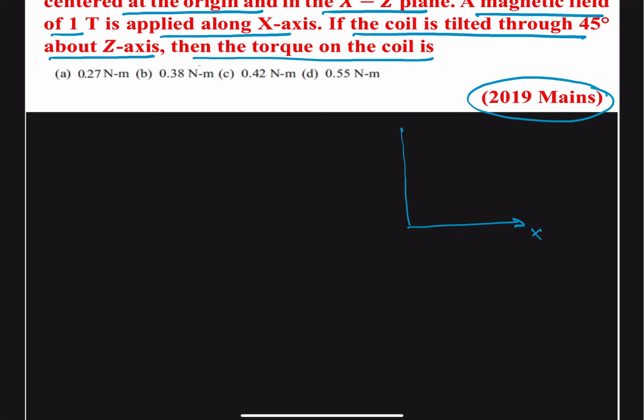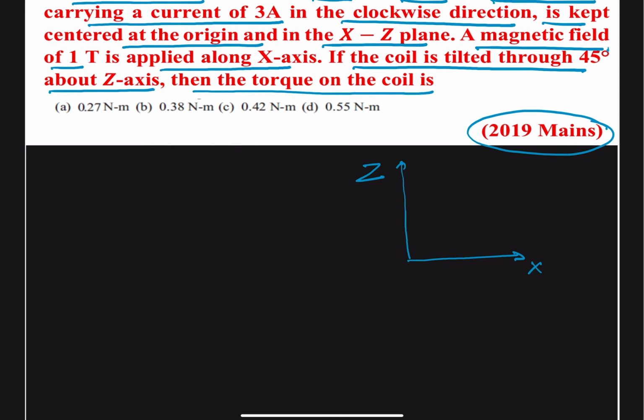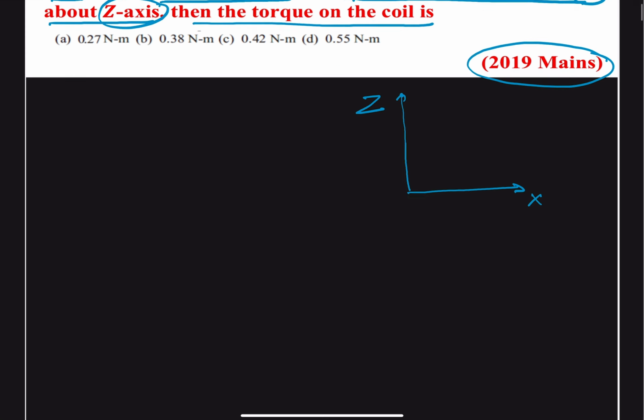So this is our x, and we have z, and the coil is at an angle of 45 degree about the z axis. Okay, so it means if it is 45 to the z axis, it will be also 45. So we can draw an approximate figure.